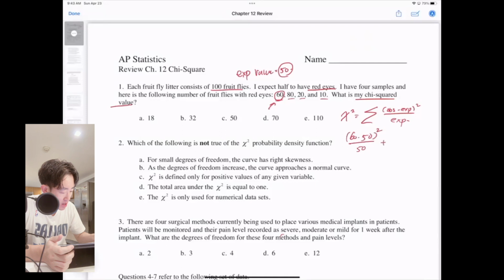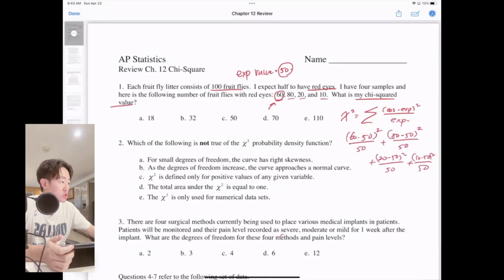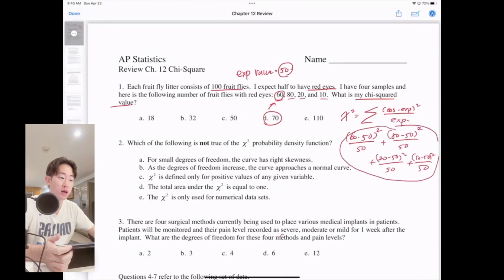Plus 80 minus 50 squared over 50, plus 20 minus 50 squared over 50, and then plus 10 minus 50 squared over 50. And that should get you the final answer at the very end, which I do believe was D. When you simply put this into your calculator, you should be able to get 70 from that.